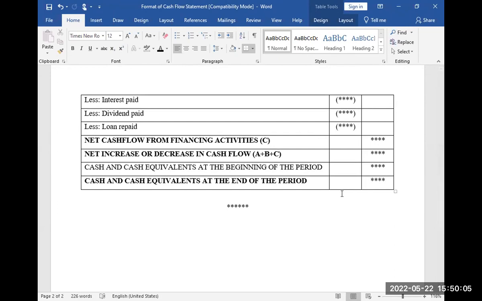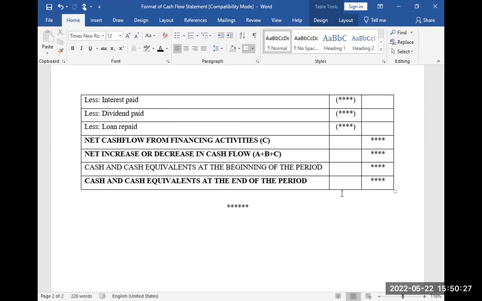Net increase or decrease in cash flow is A plus B plus C, depending upon the symbol. A may be plus, B may be minus, something like that. Next, cash and cash equivalent at the beginning. You can take it here or you can take it at the very first.